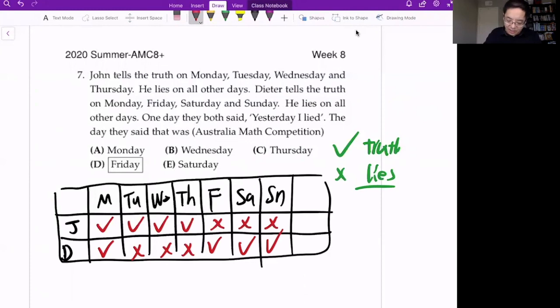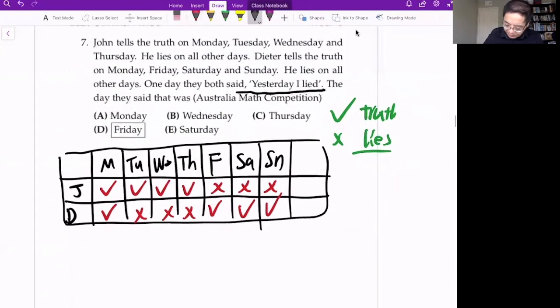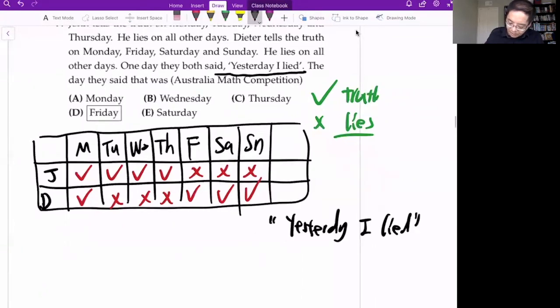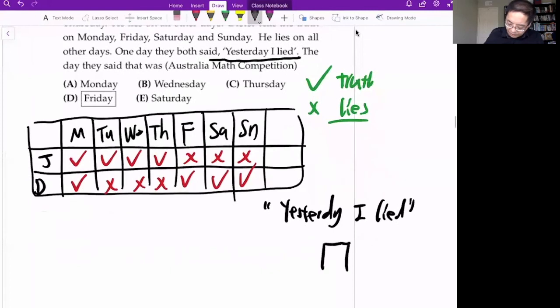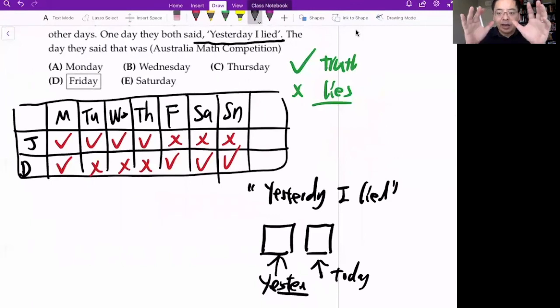Suppose on one day, someone says, "Yesterday I lied." Now suppose this is the day right here, and this is the day before it. So this is today, and this is yesterday. Now think of this.